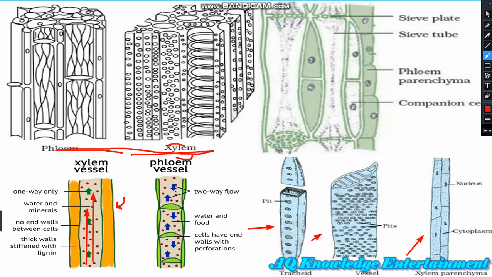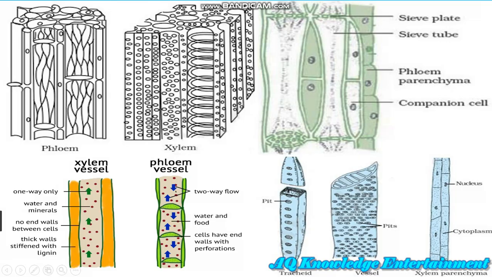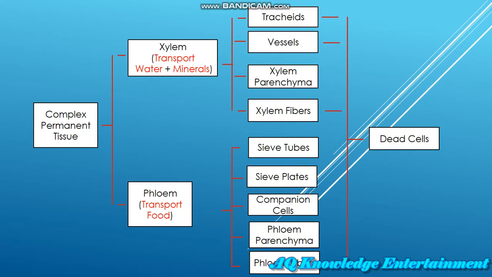So now let's go back to the phloem. Now phloem is made up of, in 9th grade they have basically given us 4 components, but in reality there are 5 components: the sieve tubes, sieve plates, companion cells, phloem parenchyma and phloem fibers.